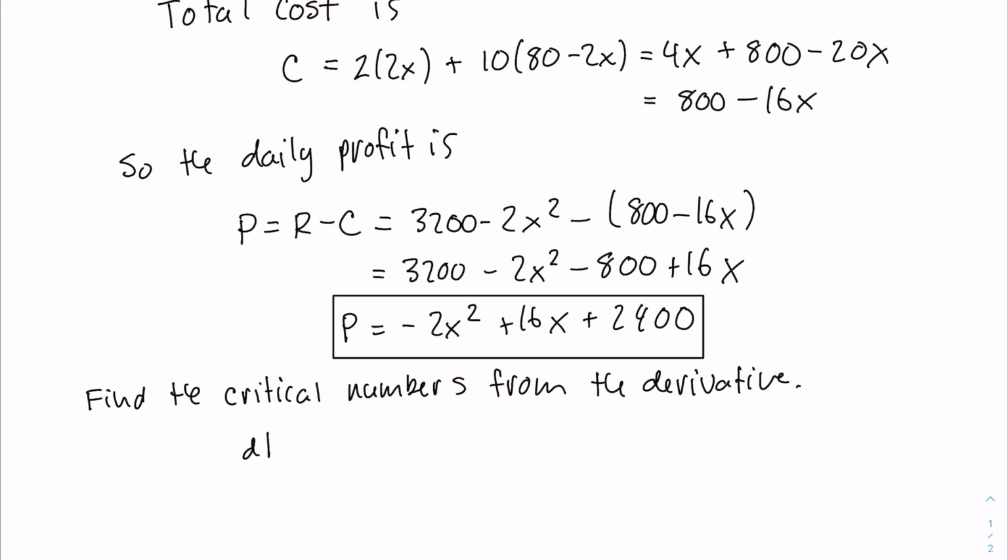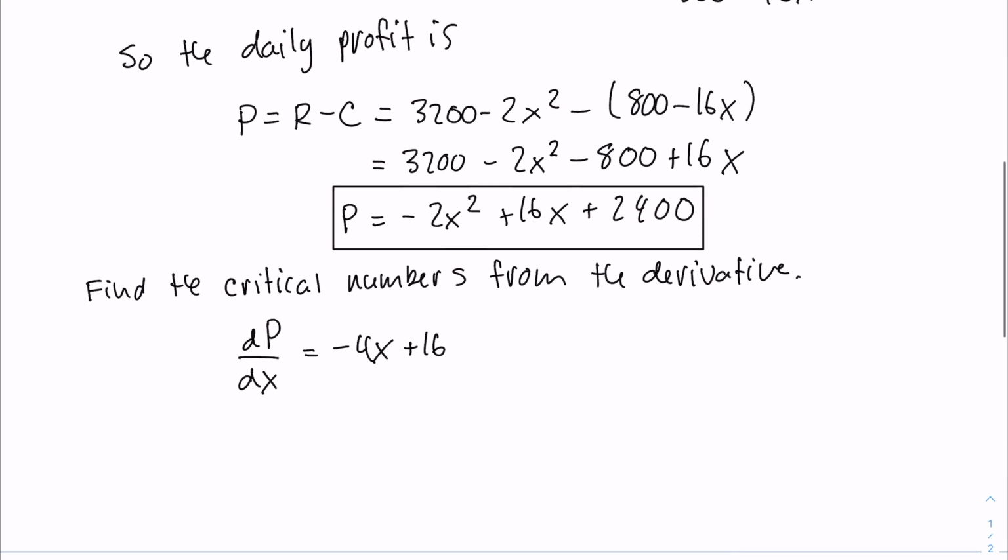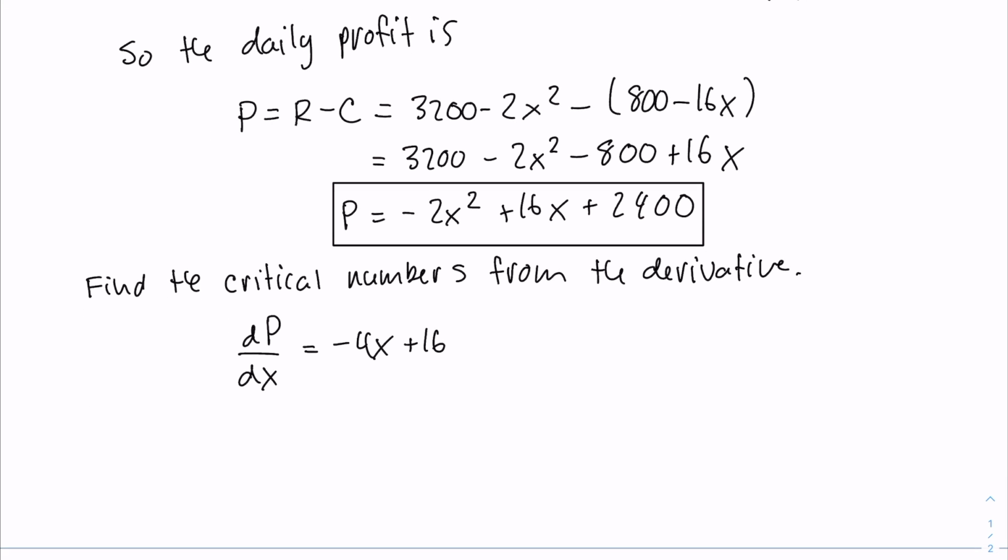My dP over dX is going to equal negative 4X plus 16. And remember, when we want to minimize or maximize things, we're looking for the critical values, and these occur when the slope of my tangent line is 0. So we'll set this equal to 0 and solve it. Negative 4X equals negative 16, divided by negative 4, divided by negative 4. I'm going to get X equals 4.